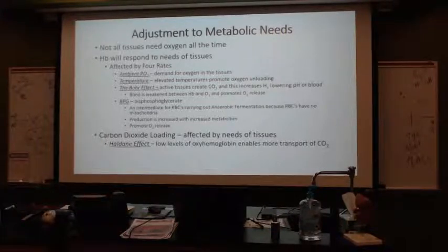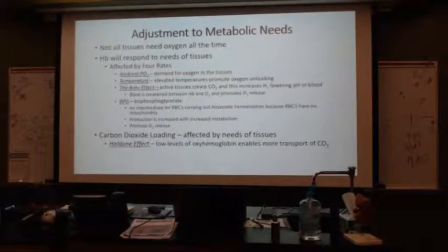The goal of this is to meet my metabolic needs. So, right now, the metabolic needs for me would be to help my skeletal muscles as I'm continuously moving around.